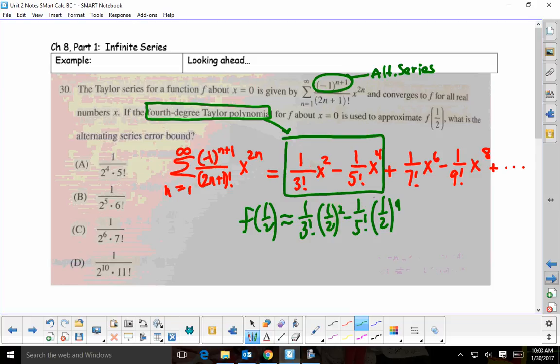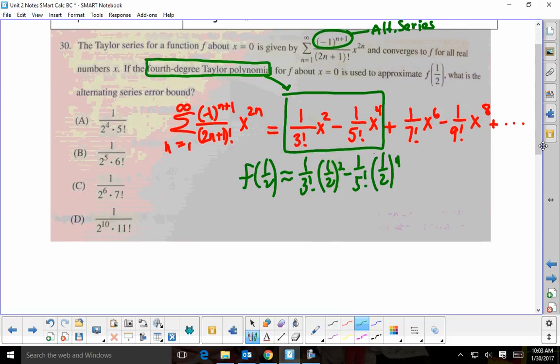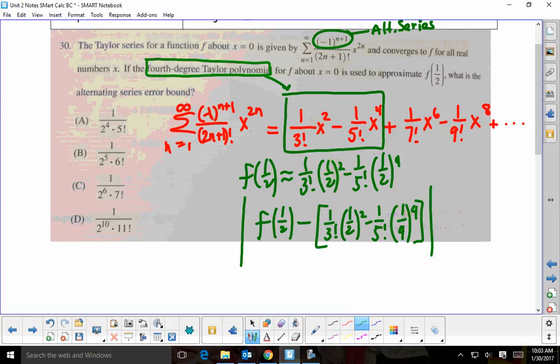What is the alternating series error bound? Well, I know that the actual value minus this approximation, absolute value, has to be less than or equal to what, from what we just learned? The next term.